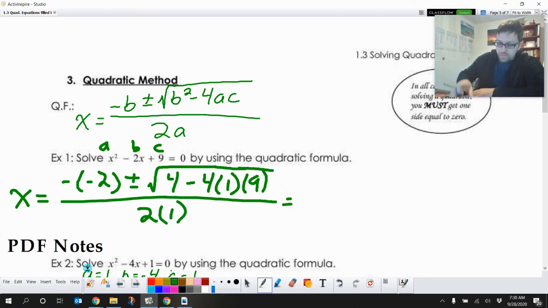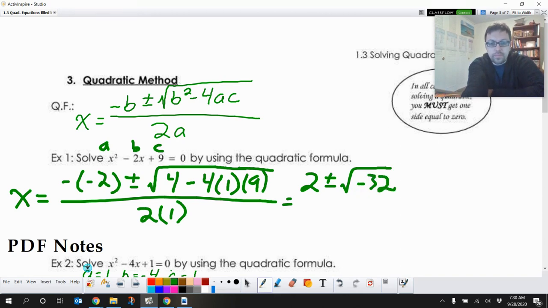I do a little bit of simplification. I take care of everything that's inside of that square root first. So I get 2 plus or minus the square root of, let's see, that's 4 minus 36. So that's negative 32 over 2 times 1, that's 2.